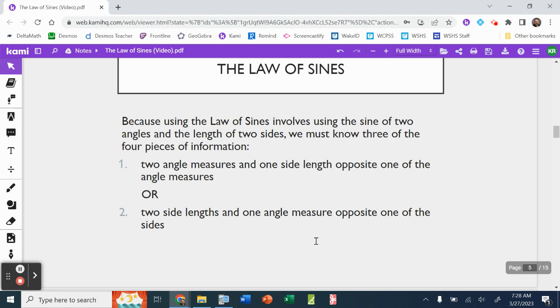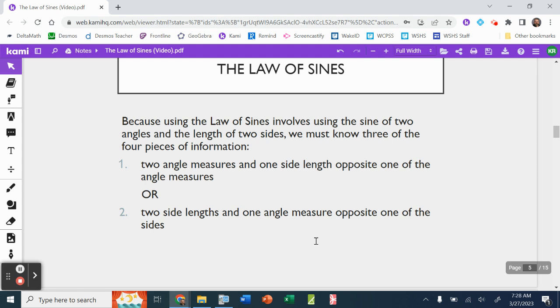Now with this, because the law of sines essentially requires us using 2 of the 3 ratios, we will need 2 angles and 2 side lengths that are across from those angles. For this to work, we have to know 3 of those 4 pieces of information and solve for the 4th one.